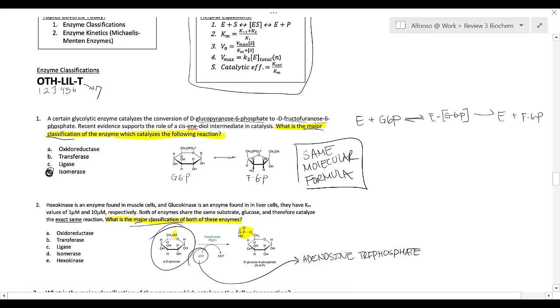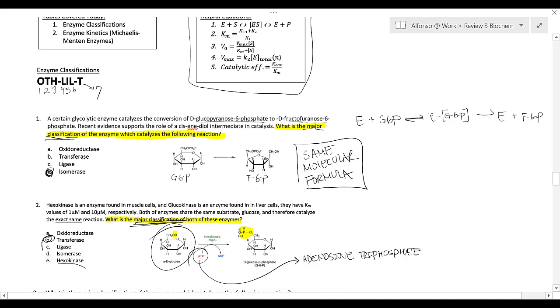That is going to be a transferase. Yeah, transferase. All right, now some of you may ask, Alfonso, why isn't it hexokinase? Well, the reason for that is because hexokinase is not a major classification, right? The questions are asking for the major classification.